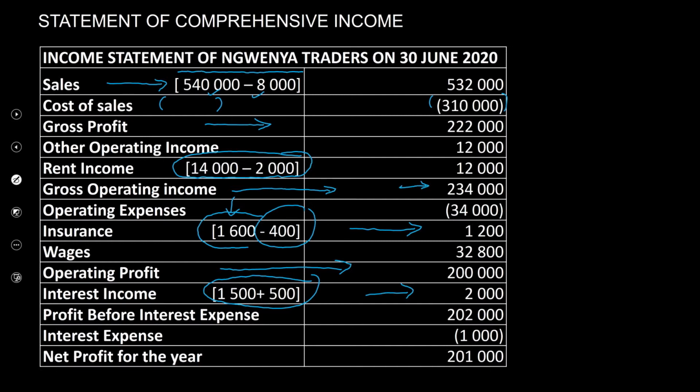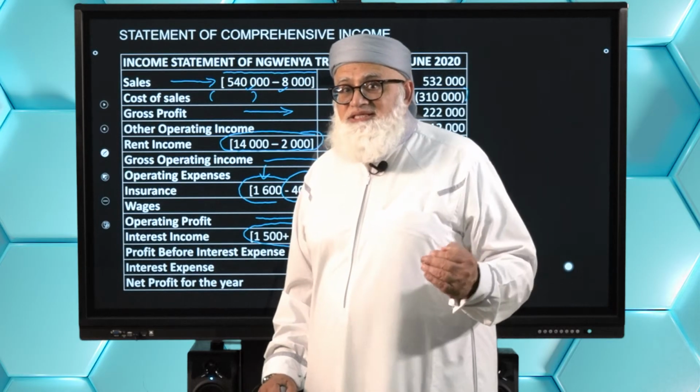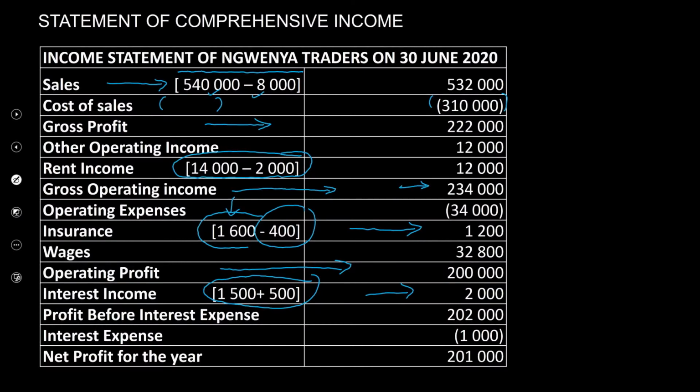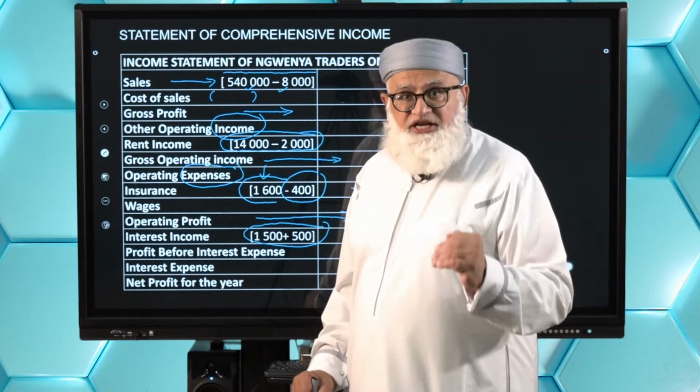Now notice, it is important, guys, that interest income and interest expense do not form part of operating items. Your income does not form part of other operating income, and neither does your expense form part of operating expenses. These two are shown separately at the bottom of your income statement, and for a very good reason.